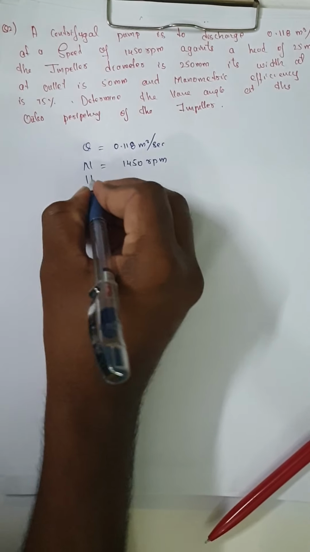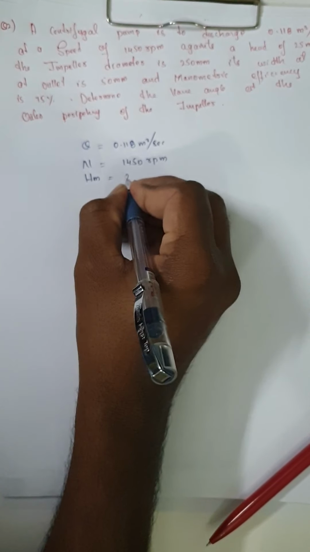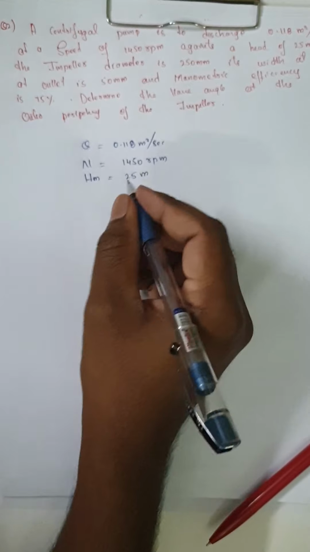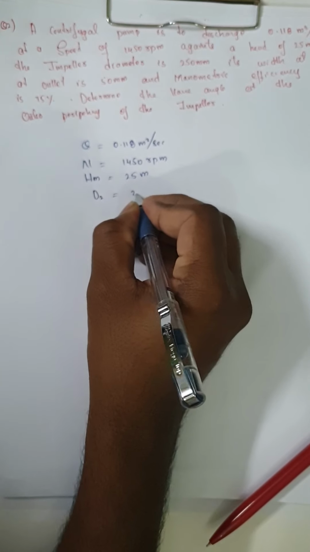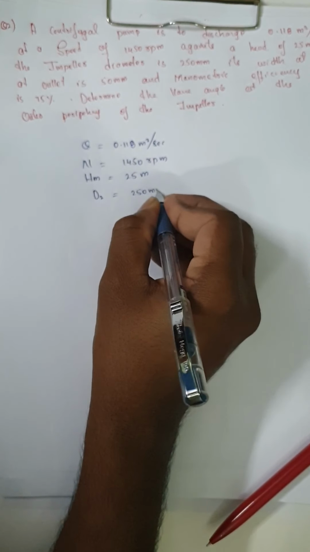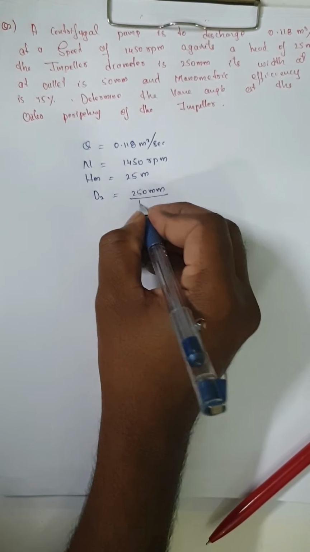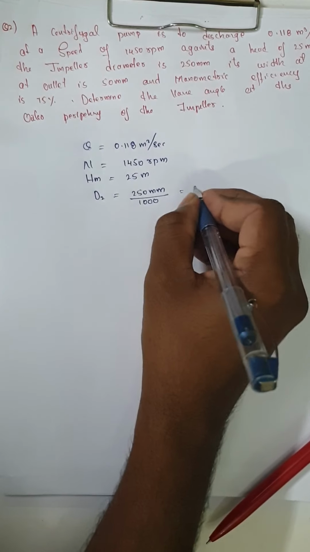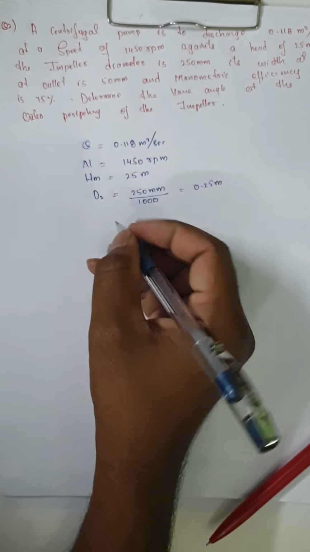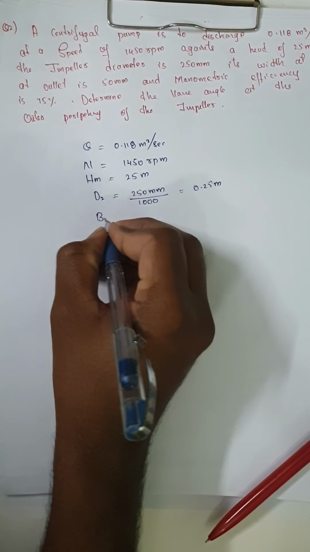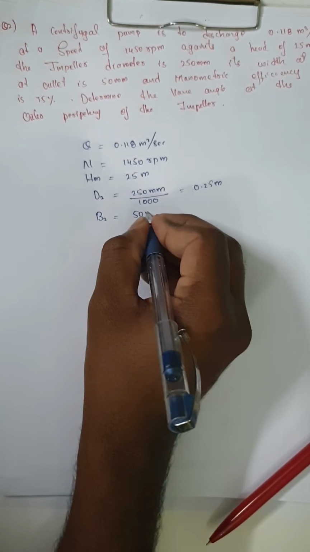Again, head Hm is given. Hm is equal to 25 meter, and the impeller diameter, impeller meaning outside, so we consider it as D2. D2 is equal to 250 mm. Whenever it is given in mm, what you have to do? Divide by 1000, so here 0.25 meter. The width of the outlet, width is designated with B2. B2 is equal to 50 mm.